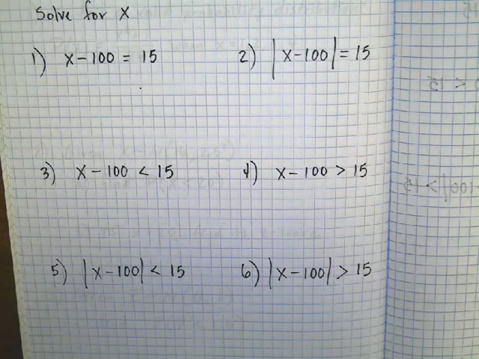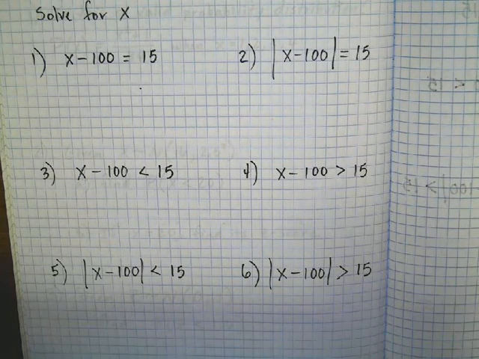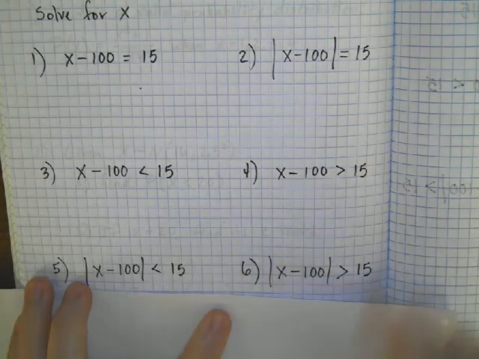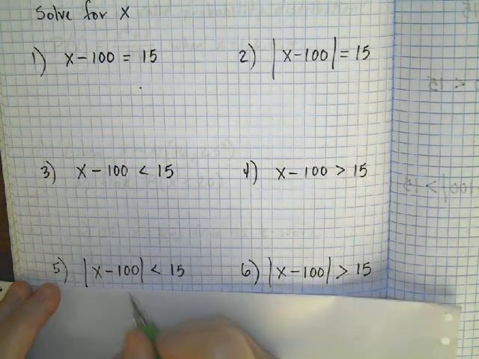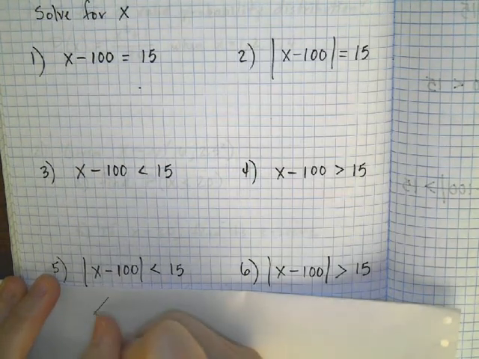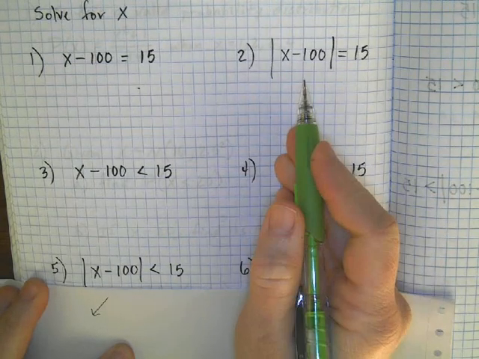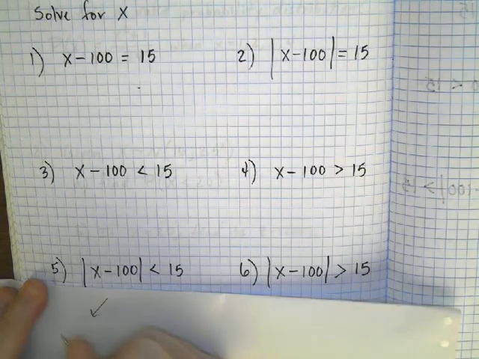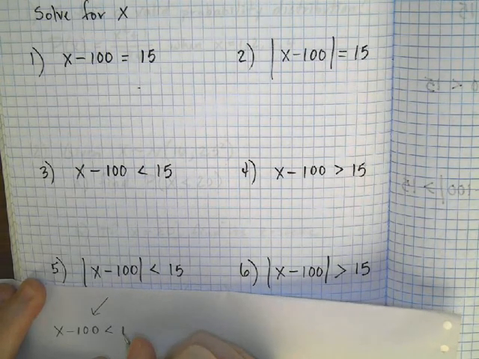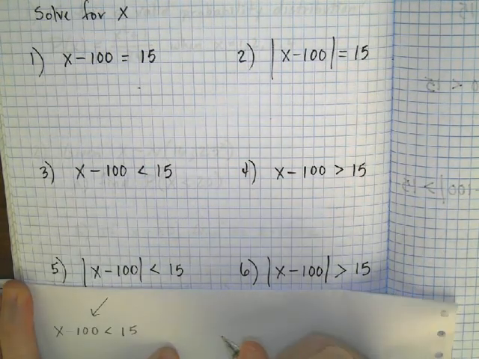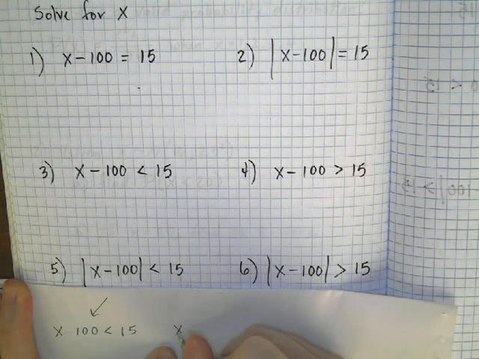And then the last 2, this is where things get a little more complicated. This is a combination of these problems. So on this one, just like if I were setting up the equal sign, the absolute value with an equal sign, there's going to be 2 solutions. x minus 100 is less than 15, or x minus 100, and now here's where we get tricky.